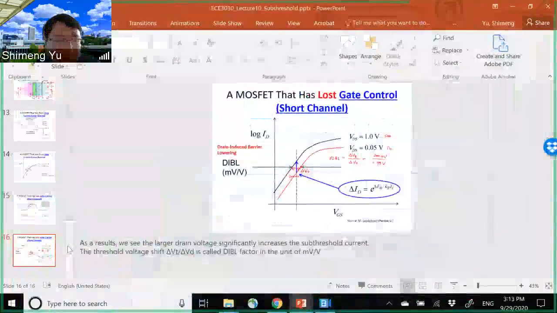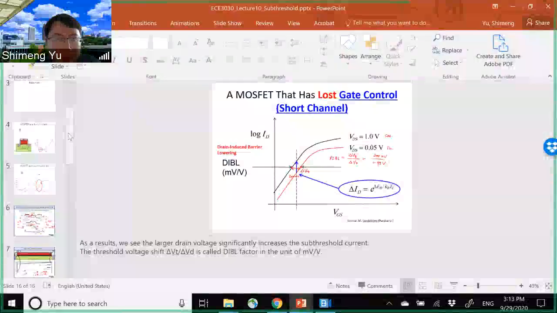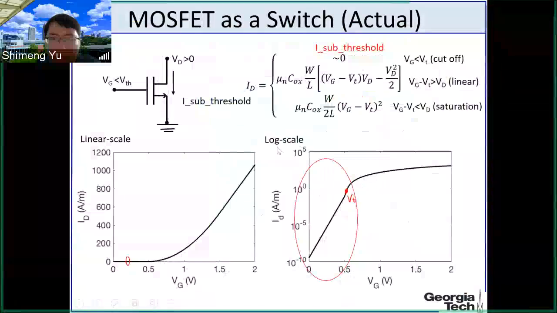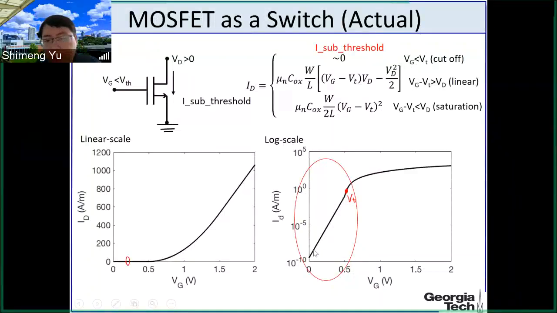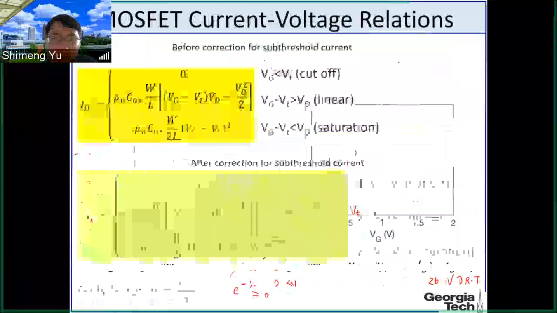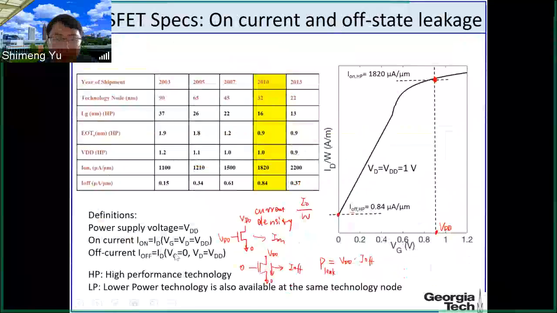All right, so today's lecture, a quick take-home summary. What is important? Okay, the ID-VG plot in the log scale is important. Understand that below the threshold it is a straight line, and the definition of the I on and I off currents is important here. Understand that I off is non-zero, and this will determine the leakage current and the leakage power of the chip.